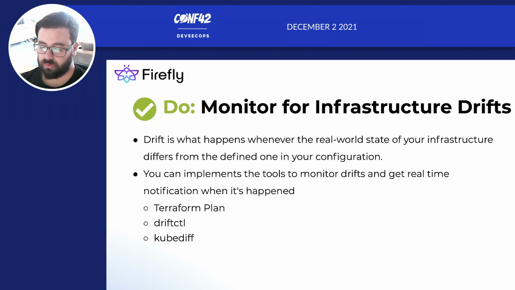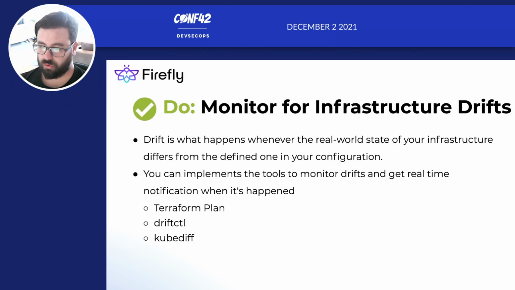And this gets me to the next point. You should understand that even if you put those safety measures in place and do everything for education and behavioral change in your team, you need to make sure that you are monitoring for infrastructure drift.